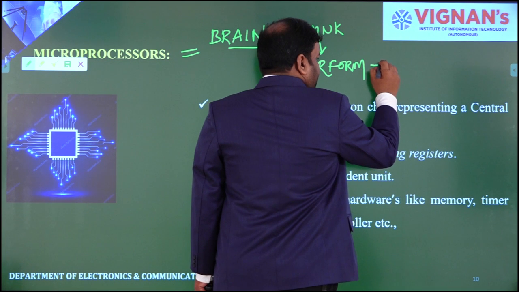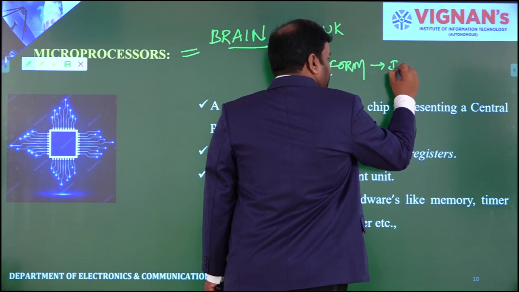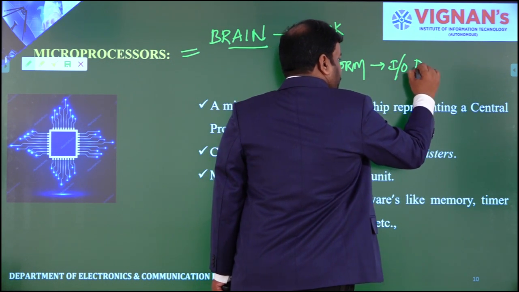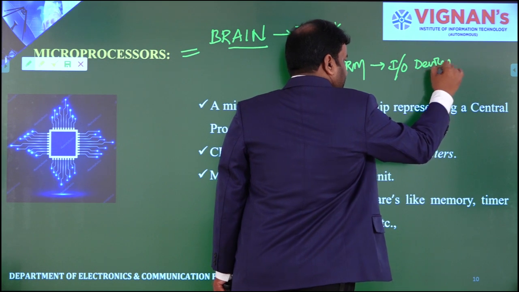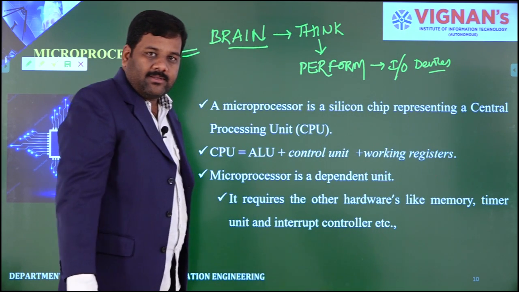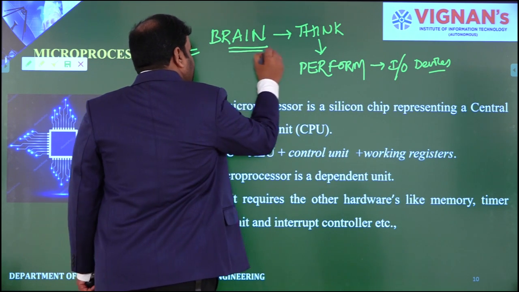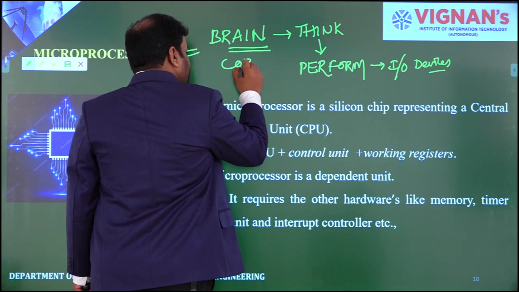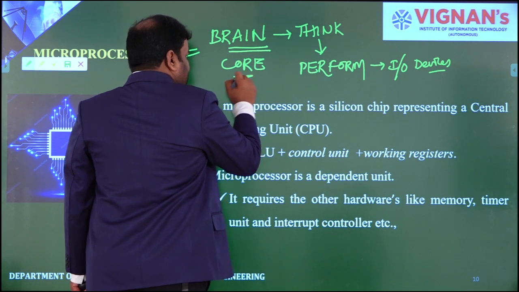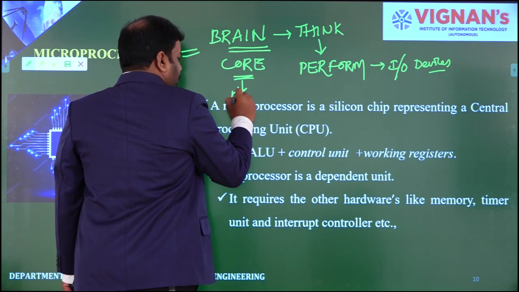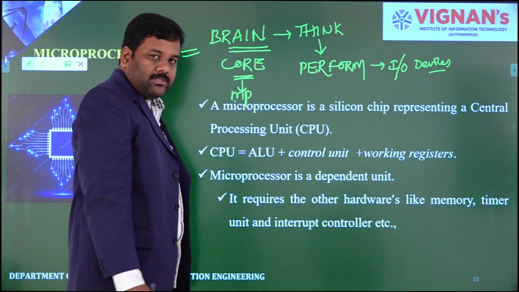For this purpose, it needs input and output devices, IO devices. The brain is nothing but my core, and here I am using the microprocessor as the core.